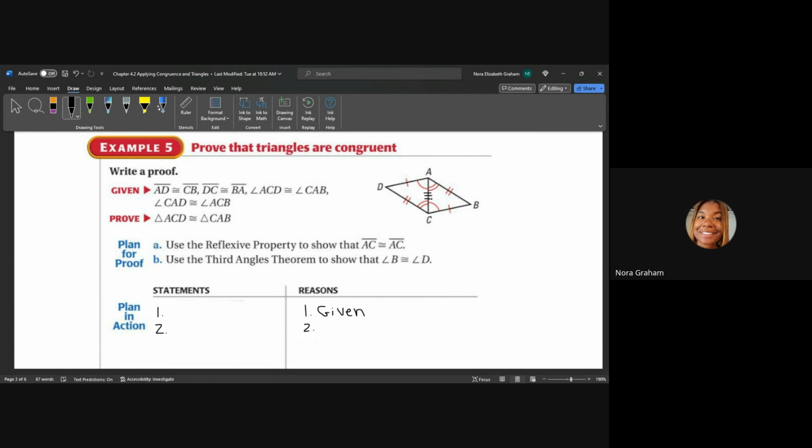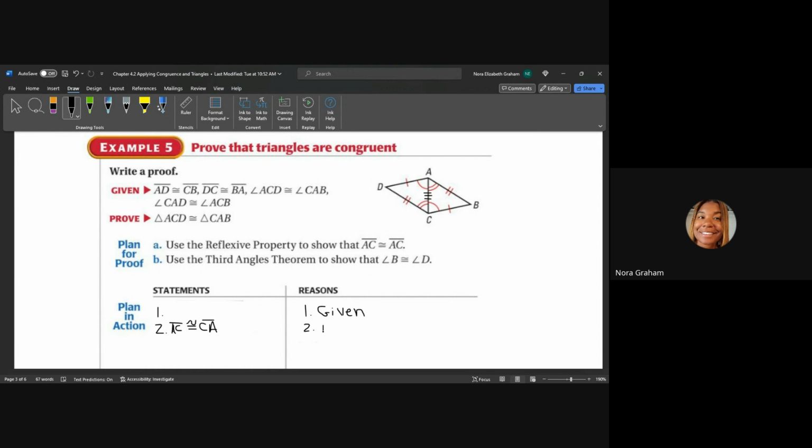That way we can say all my corresponding sides are congruent. So for that one, remember, since it's sharing a side, I can say AC is congruent to CA, and remember that's by reflexive. We'll use that all the time when we see that two of our shapes are sharing a side.